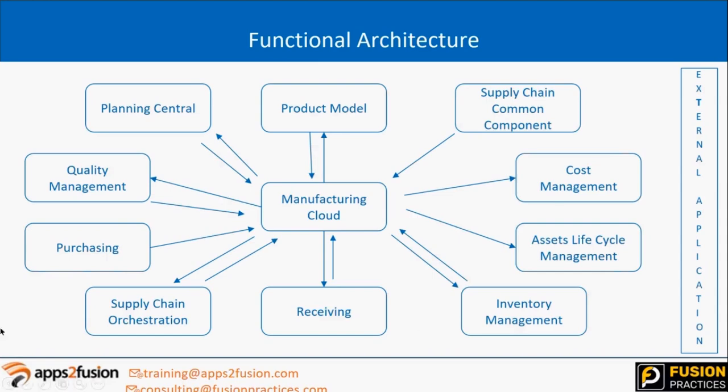Okay, great. Now we are moving on to our next application, inventory management. From inventory management, the manufacturing cloud takes in all your lot numbers, serial numbers, on-hand quantity, any reservations that you're creating, and all material transactions.